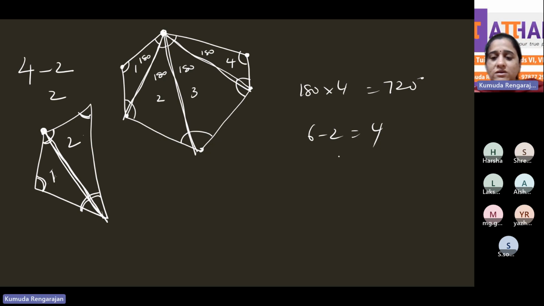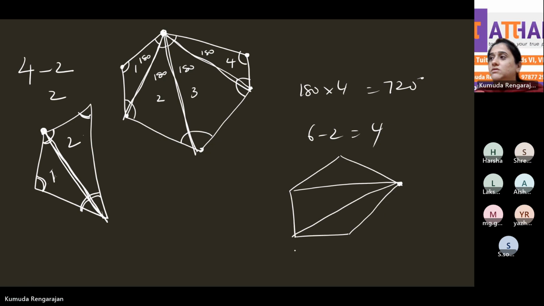A pentagon, see it? 1, 2, 3, 4, 5, pentagon. Choose any vertex. Join, join. 1, 2, 3 triangles. How many sides? 5 sides. How many triangles formed? 5 minus 2, 3 triangles.